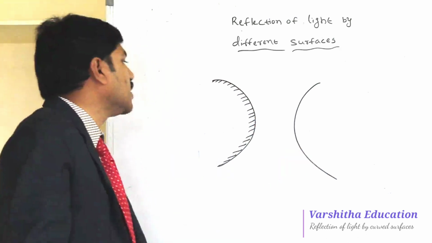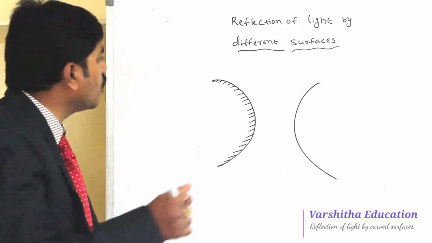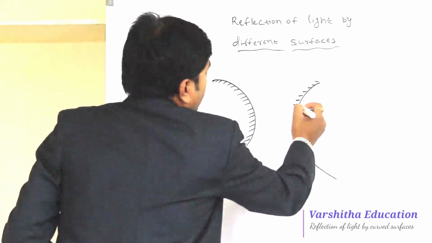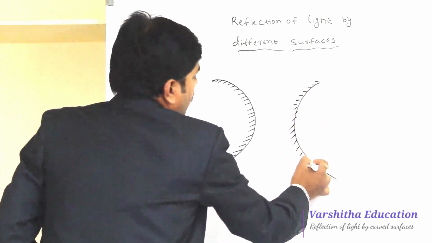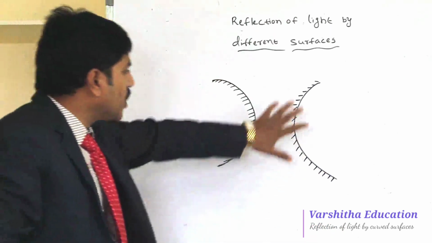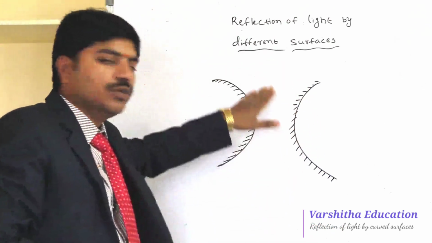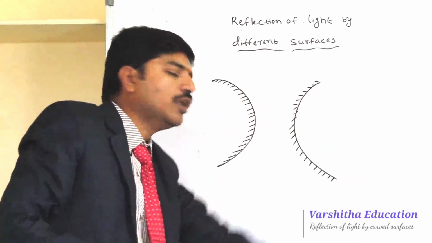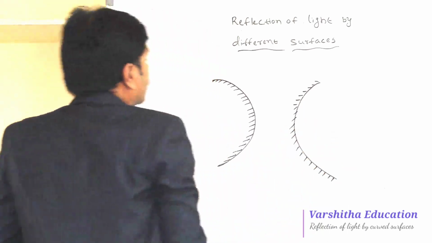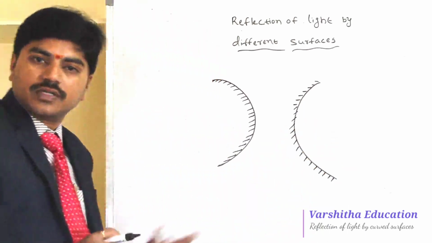Now I am going to talk about the concave surface, a concave mirror. The concave mirror means this side of the part is used, with only a single part working. Then it is said to be a concave surface.